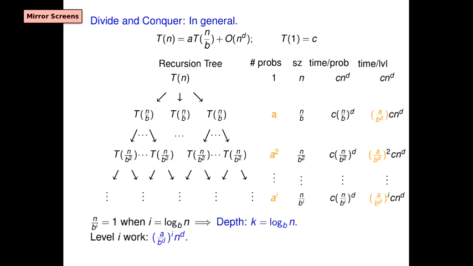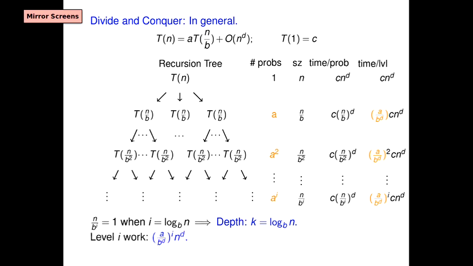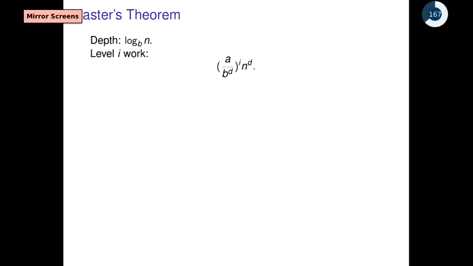This A sub I times this should be this. And there's a little bit of reorganizing, but I get a B to the I to the D. There's a B to the D to the I when I multiply together, and I get an A to the I. Okay? Now I have this level, this work.